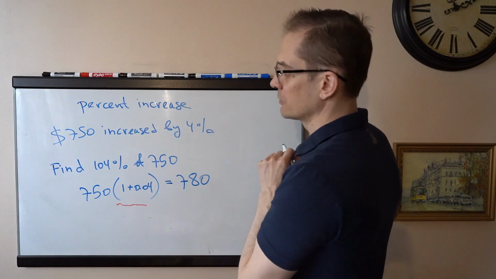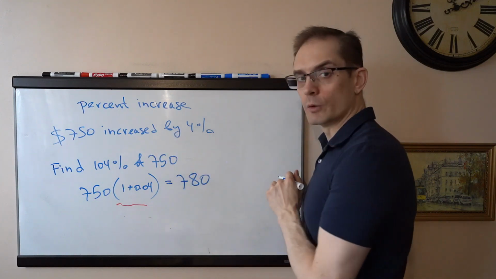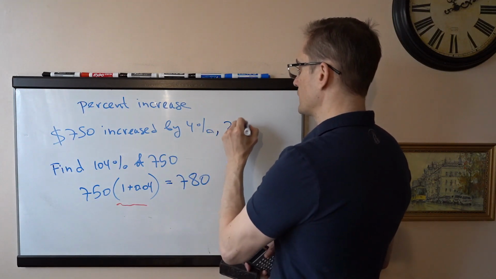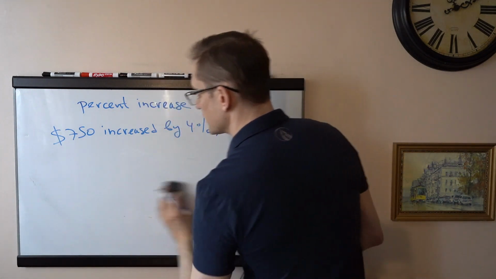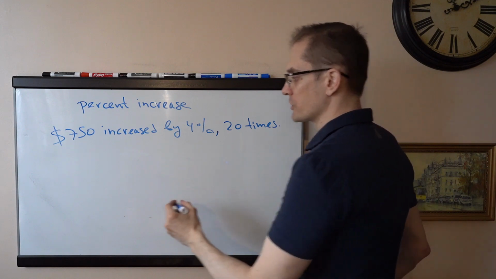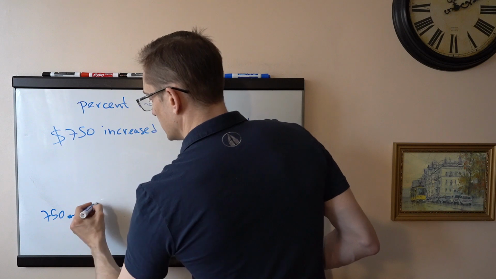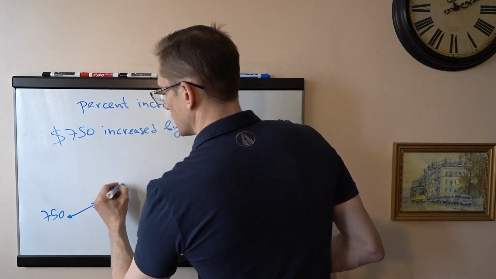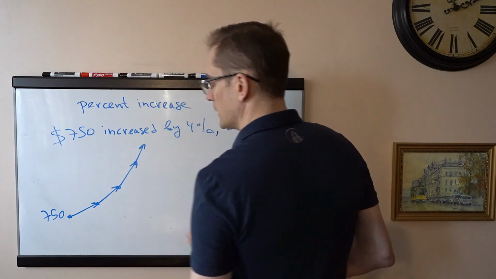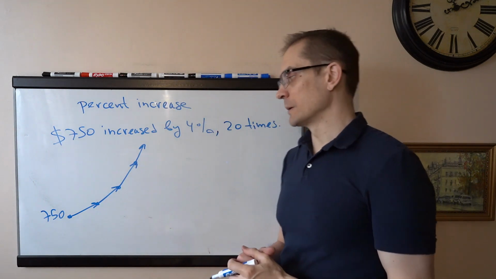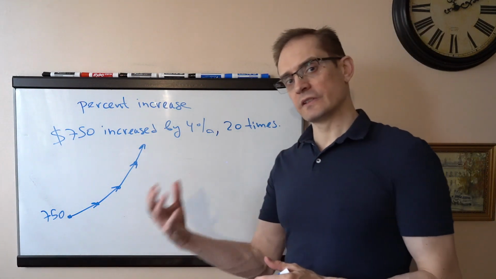Let's say I need to calculate percent increase when $750 increased by 4% 20 times. Well, what this means is that I start with the amount which is $750, and then this amount will be increased by 4% 20 times. So each next increase will be happening after the previous increase of 4%.